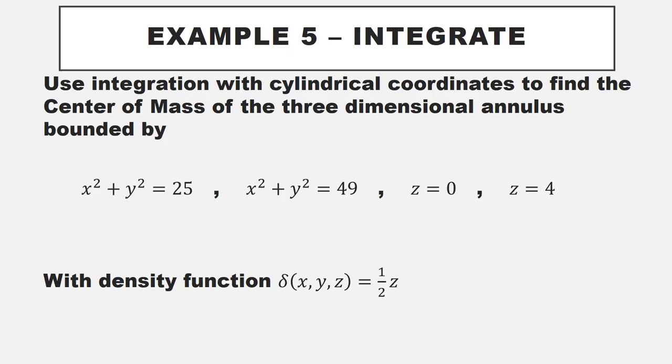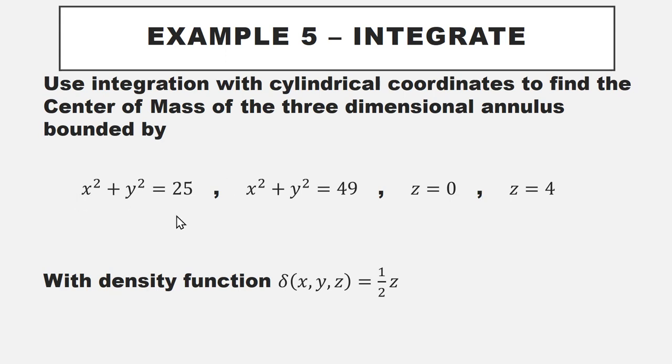So basically, we want to take the ring, which is in between the circle of radius 5 and the circle of radius 7, from a z value of 0 to a z value of 4, with this density function. The density function is going to be 1/2 z.